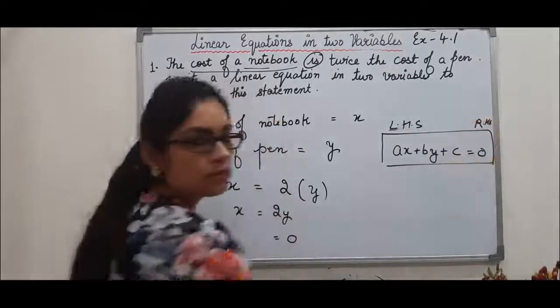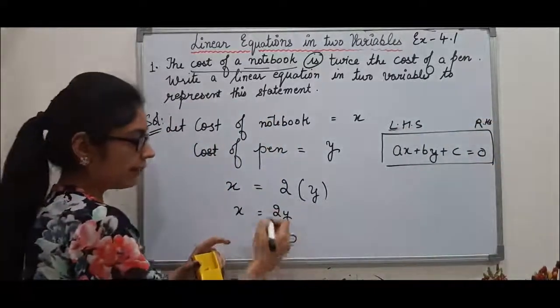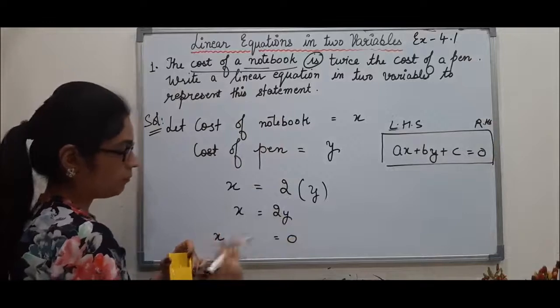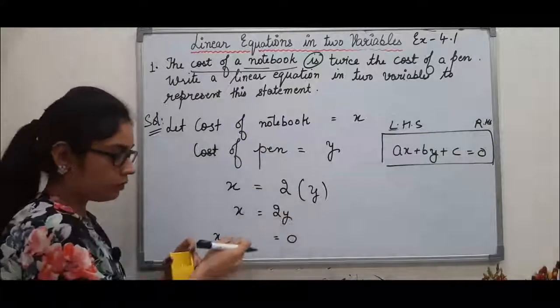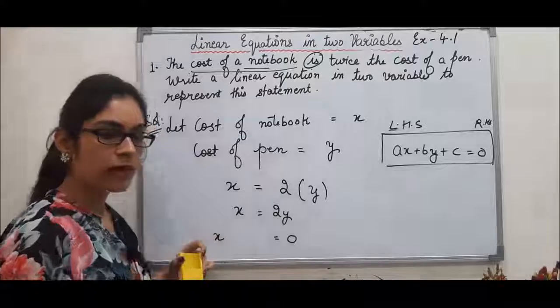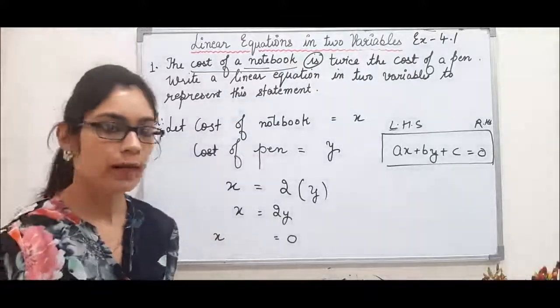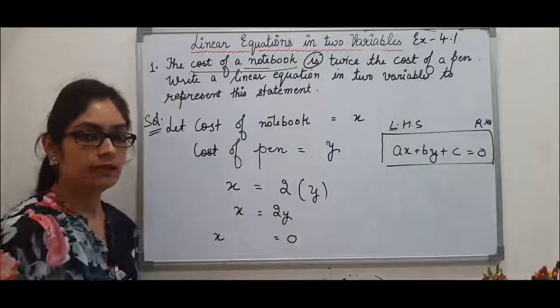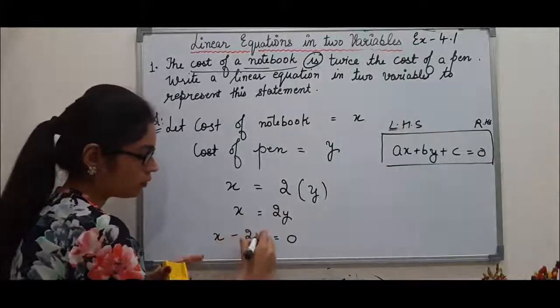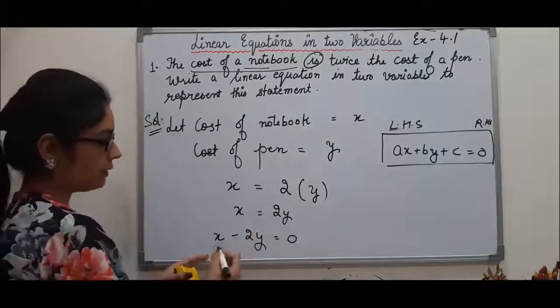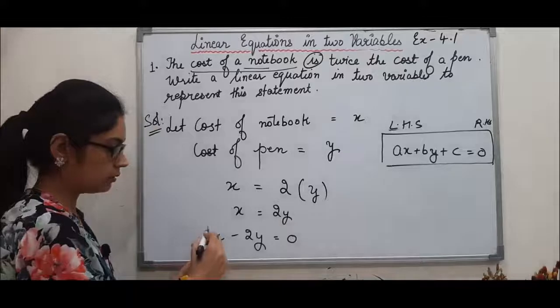So the right hand side is 0. Now x is there; this 2y just shift it to this side. This plus 2y, I told you plus will be changed to minus. So on changing the side, plus 2y will change to minus 2y. So you have got the equation x minus 2y equals 0.